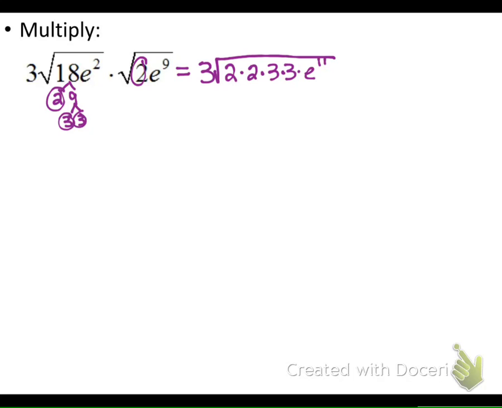Okay, what do I do with my pairs? Circle them. They're going to join what on the outside? The 3. So I'm going to have, what is my coefficient times... Okay, so what's 3 times 2 times 3? 18. Now we look at our variable. Odd or even? So I'm going to underline it because that means one e is stuck on the inside.